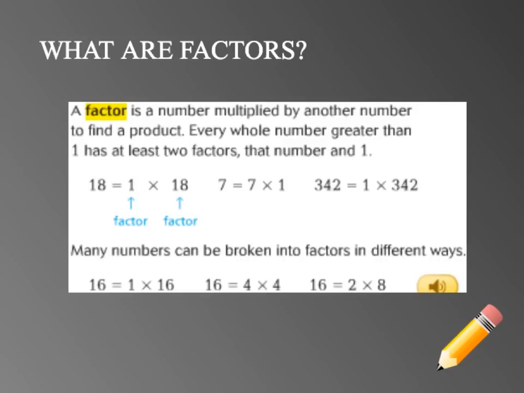So for 16, I know that I can use the product of 1 times 16. But there are other ways that I can multiply factors and get the product 16. For instance, I can multiply 4 times 4. I could also multiply 2 times 8.